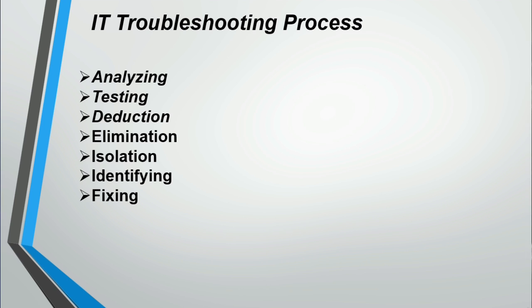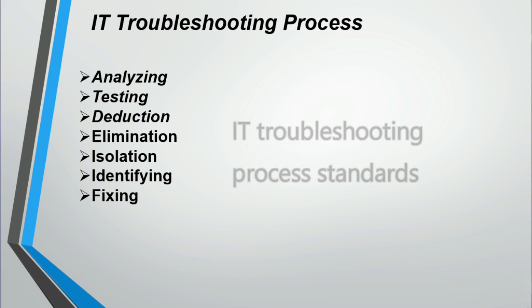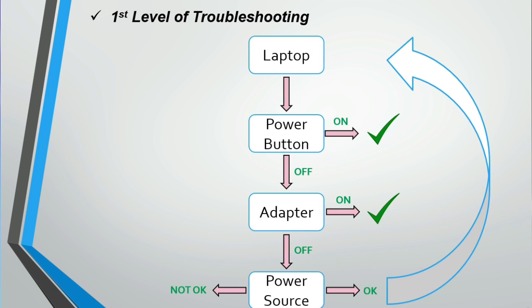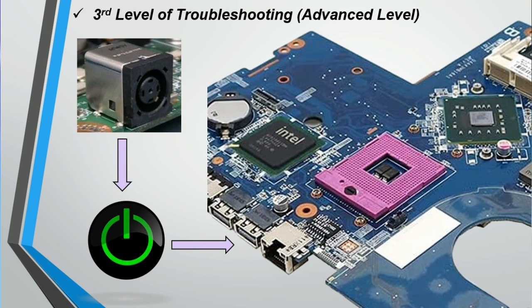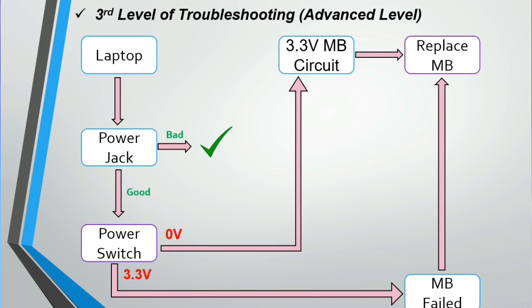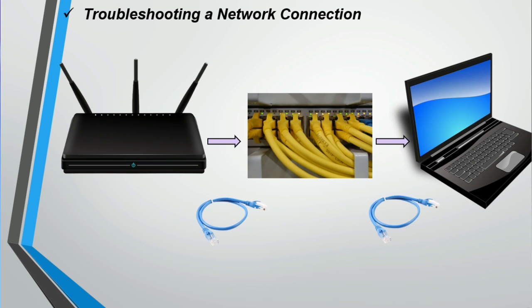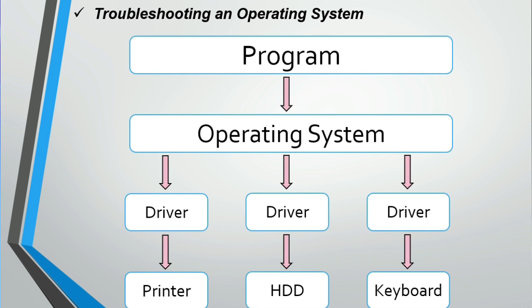We're going to talk about IT troubleshooting process standards. We're going also to see how to troubleshoot a failed laptop, how to troubleshoot a failed motherboard, and how to troubleshoot a failed printer. We're going also to study network connection troubleshooting and operating system troubleshooting.